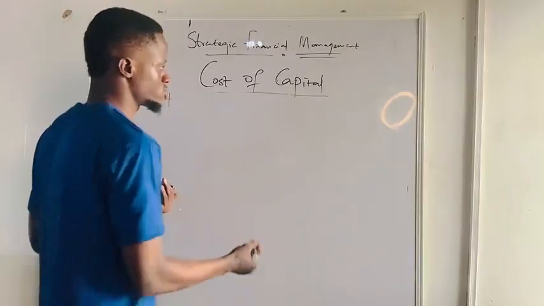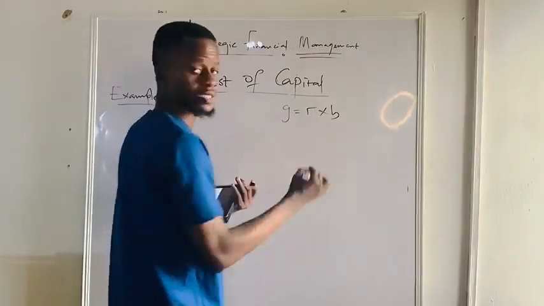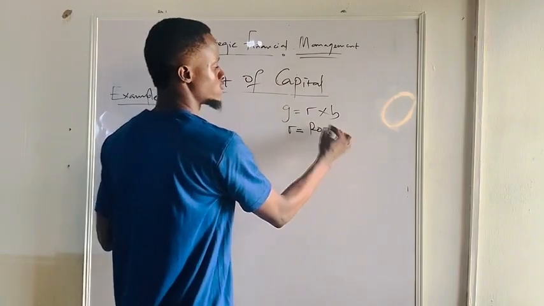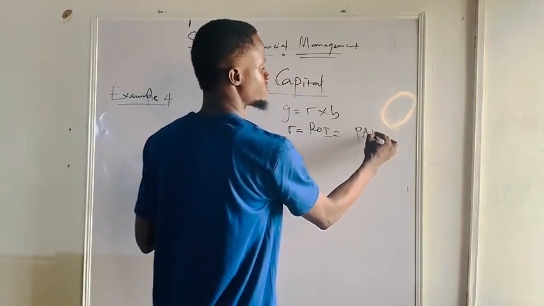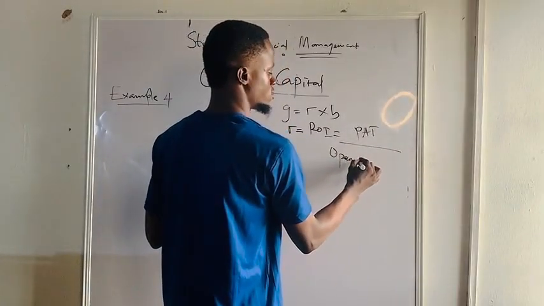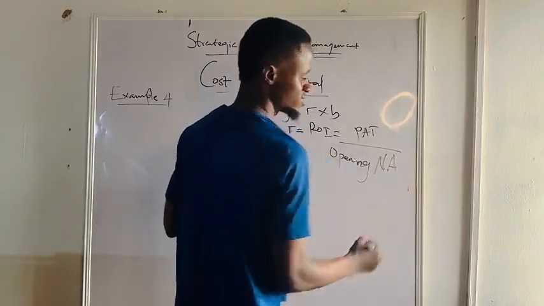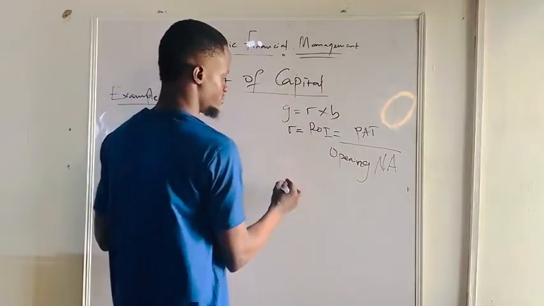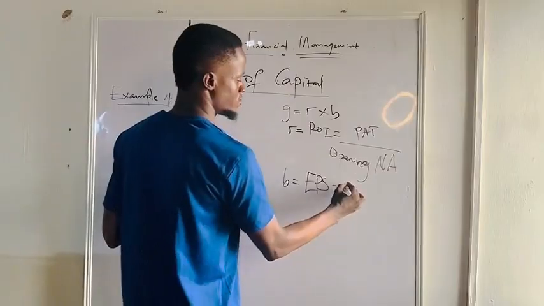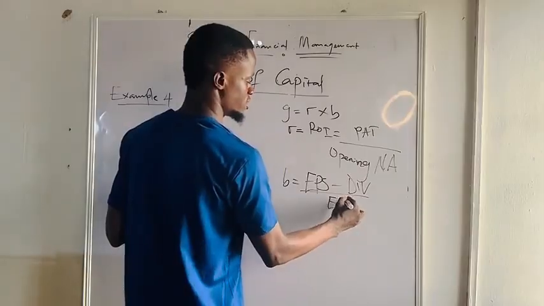Gordon's growth model, because Gordon's growth model says G is equal to R times B, where R is ROI, which is profit after tax over opening net assets, and B is equal to EPS minus dividend over EPS.